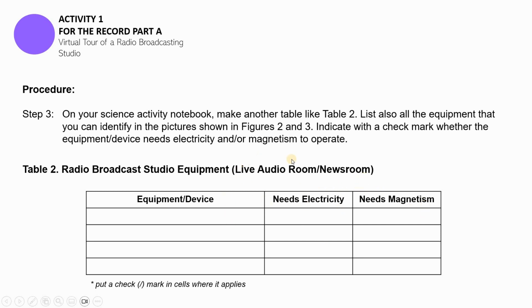So what you have to do is write again the name of the equipment or the device and then classify it, whether it needs electricity or magnetism by putting a check mark underneath it. Again, if you need more time, you may just pause this video. But if you have decided that you already had a sufficient number of equipment and devices, we can now move forward.